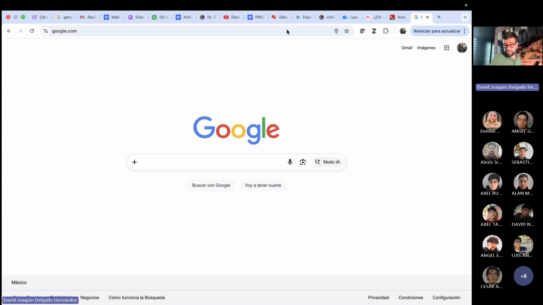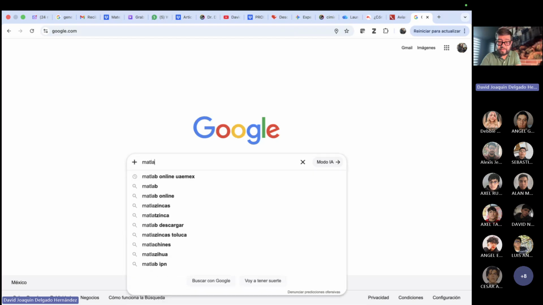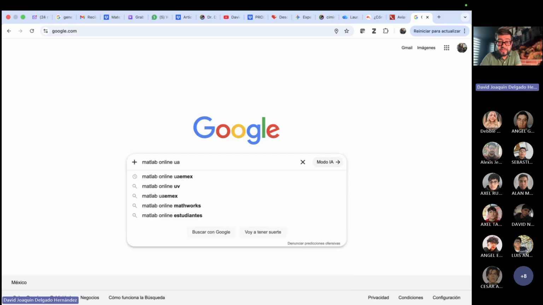So this is going to be recorded, but try to follow the steps. So here in Google, you are going to look for Matlab online Autonomous University of the State of Mexico.